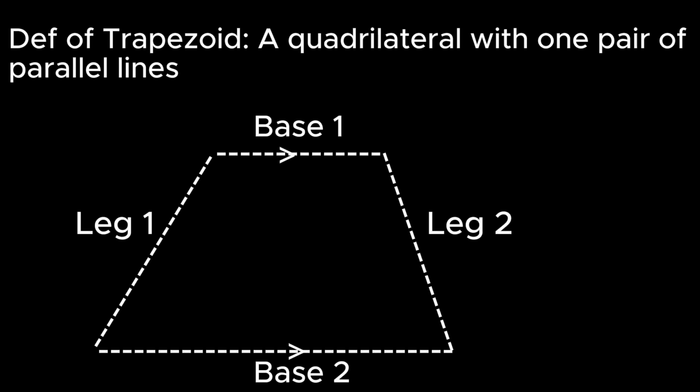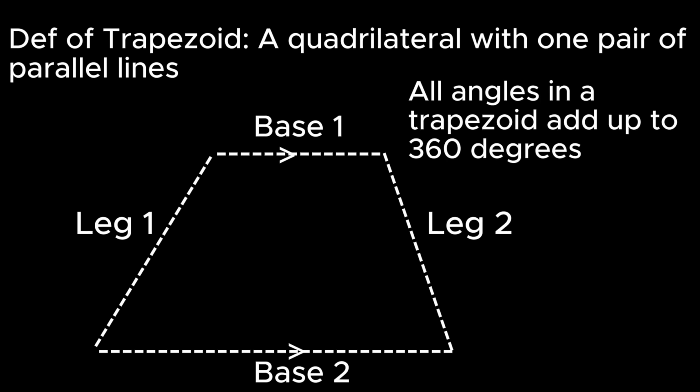Now, all the angles in a trapezoid have to add up to 360. Just like a square or a rectangle or a parallelogram, all the angles have to add up to 360. In addition, in trapezoids, the angles on the same side have to add up to 180.